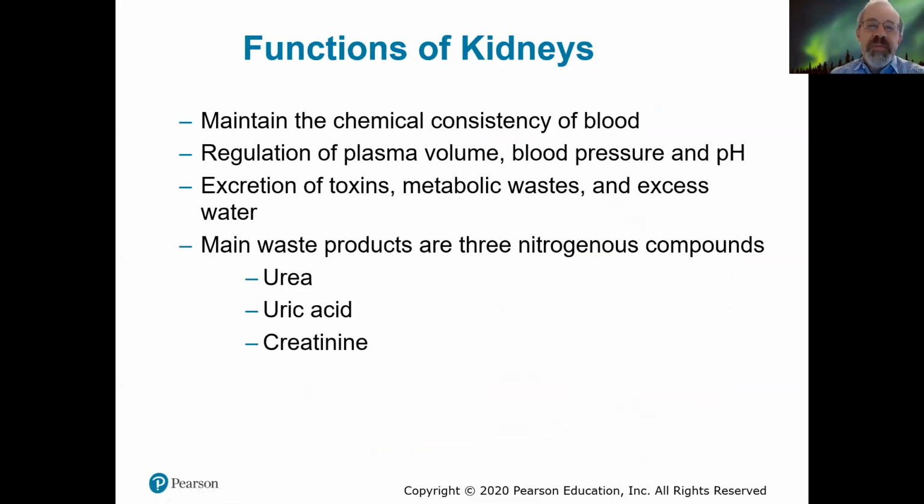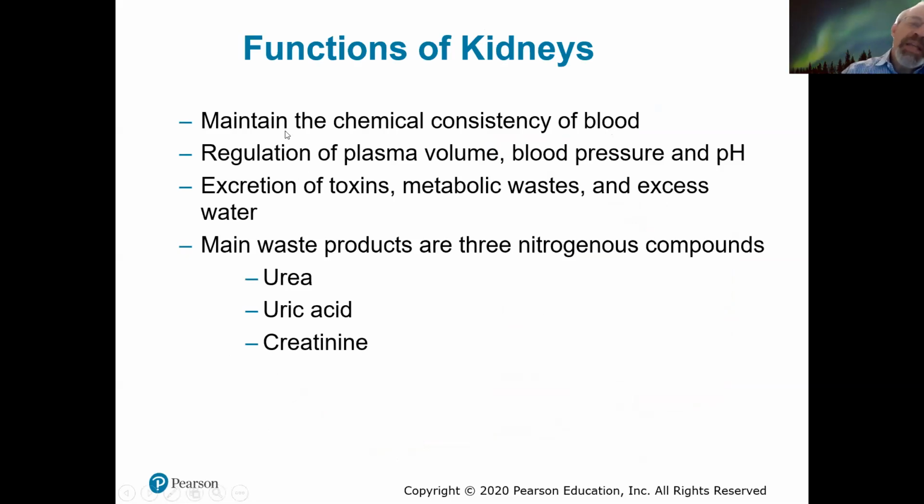What does the kidney do? Well, we often think of the kidney as an excretory organ, involved in making urine, and that's true. But its role is much more complex than that, because to form urine it needs to do several different steps.